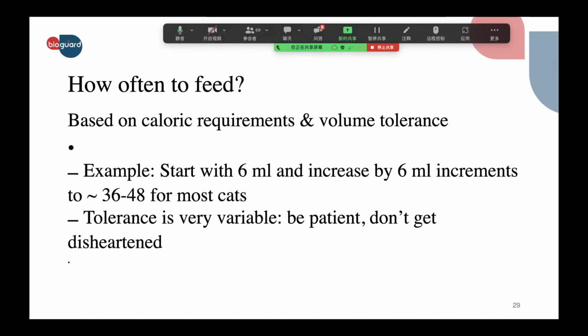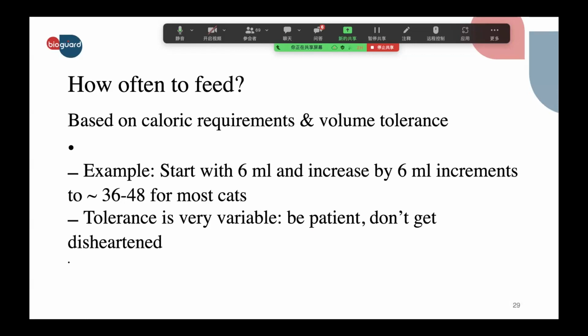How often to feed depends on calorie requirement and volume tolerance. In the beginning, we will give 6 mL each time. Depending on the cat, if it can tolerate the amount, we can increase by 6 mL every time, to commonly 36 to 50 mL for most cats. The tolerance is very variable.